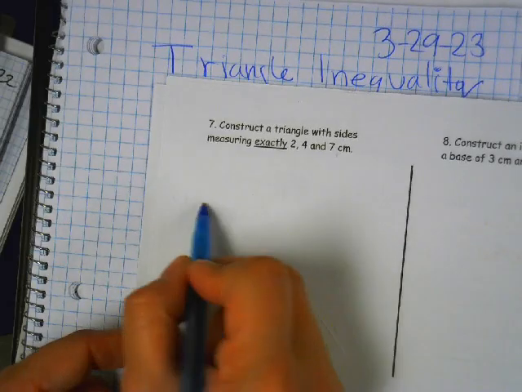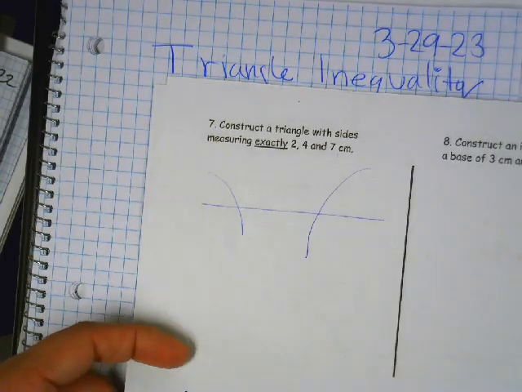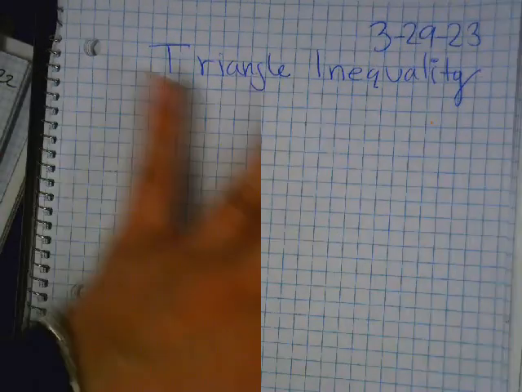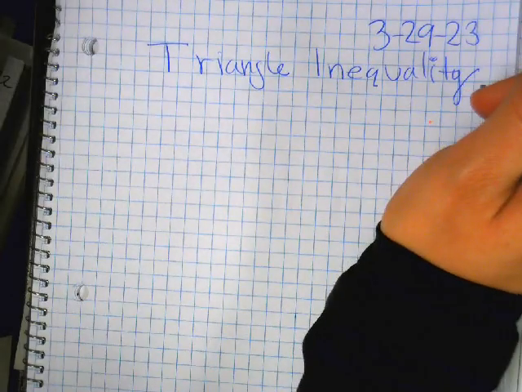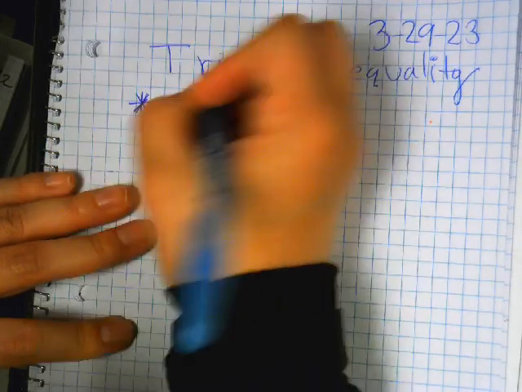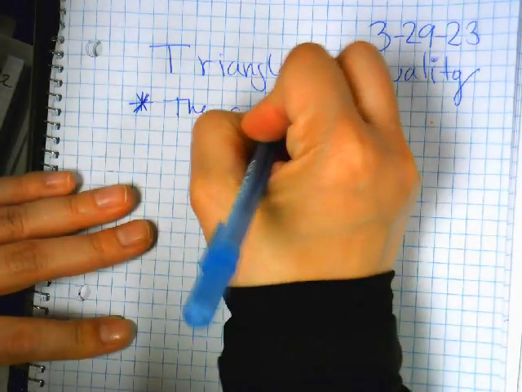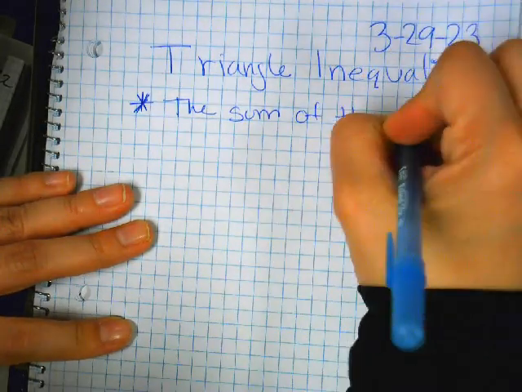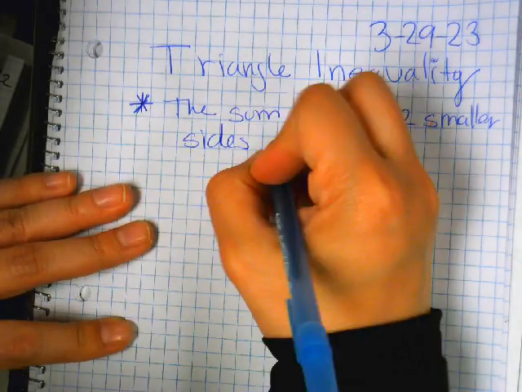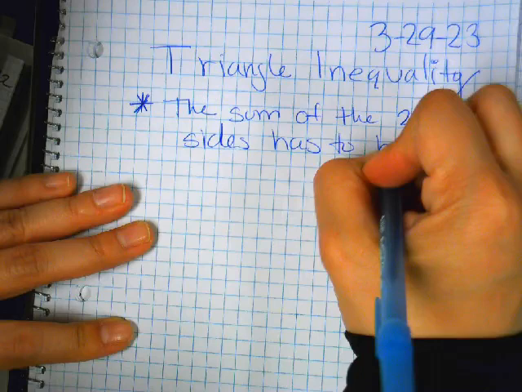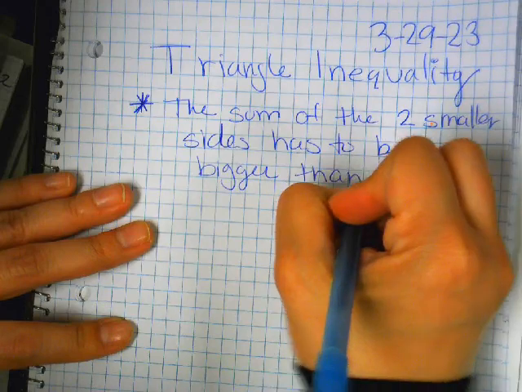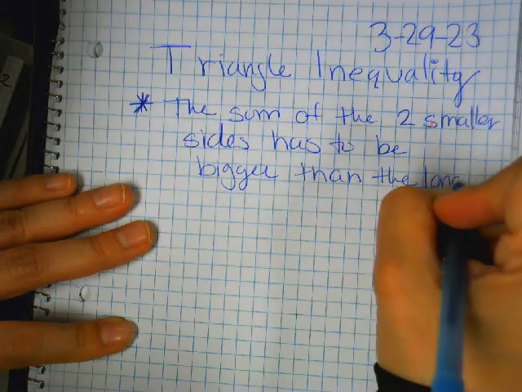It looked something like this, right? When we did it, it didn't meet. And the reason it didn't meet is because it didn't satisfy the inequality. So the theorem is: the sum of the two smaller sides has to be bigger than the longest side.